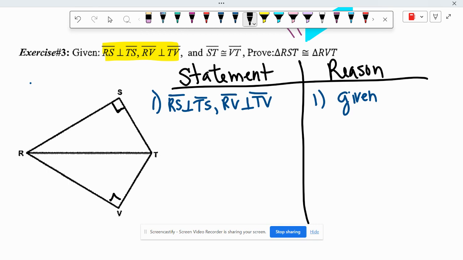The next thing I'm going to say is that angle S and angle V are right angles. Why am I able to say that? Why did I draw angle S and angle V as right angles? What gave me the permission to do that?